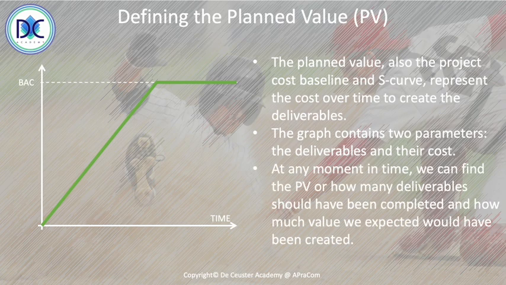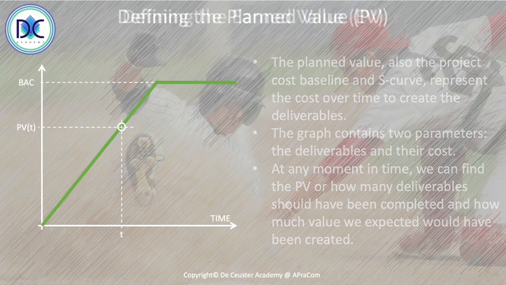Now, at any moment in time, we can find the planned value, or how many deliverables should have been completed, and how much value we expected would have been created. And we see that here, at a certain time, we find the planned value at this time. So that's the point on the green curve.